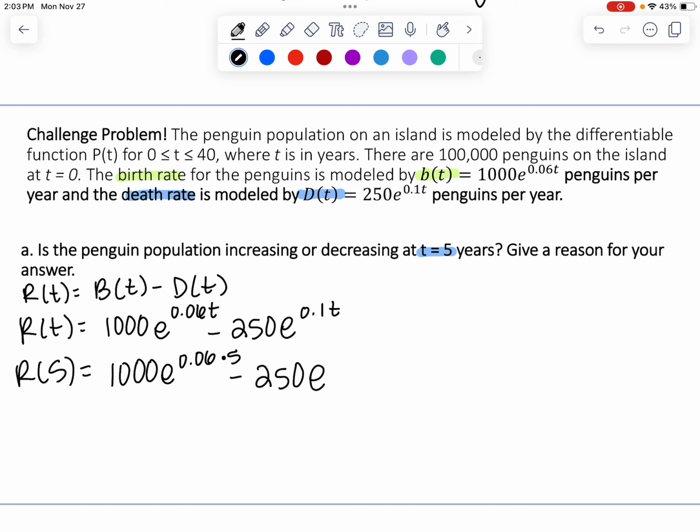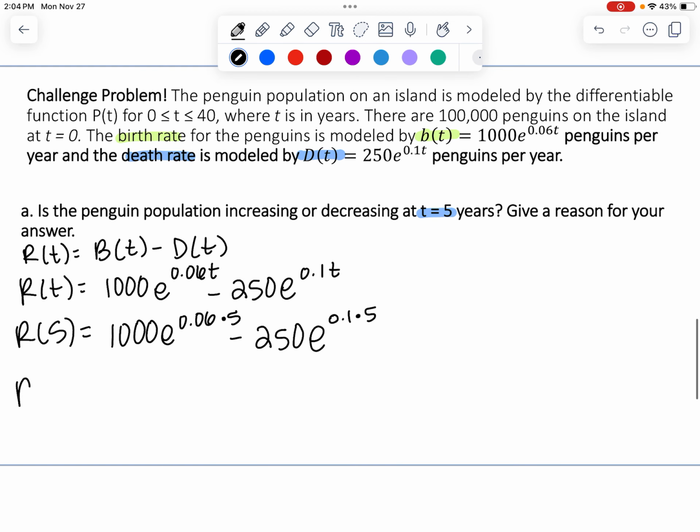But notice, I'm not taking any derivatives here because I already have the rates. I don't need to take a derivative because I'd be doing more work. If I plug that in my calculator, I'm not going to do it, but you guys are welcome to do it. I'm going to get 937.678 out. And that number is greater than 0.